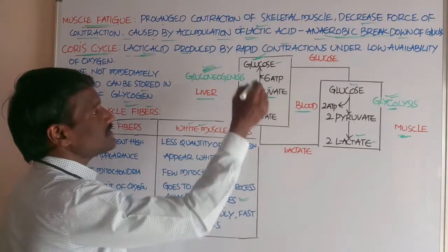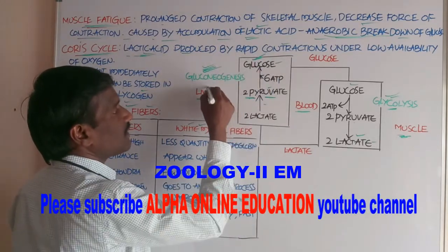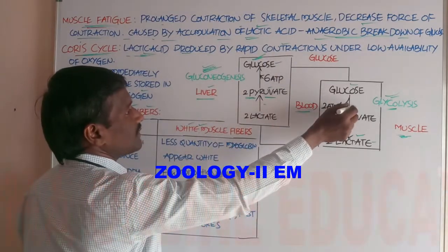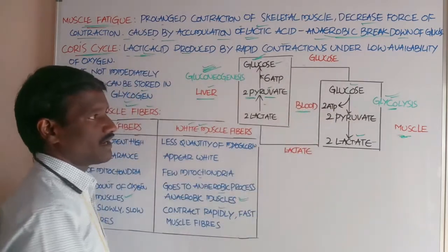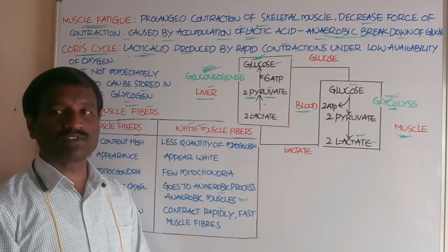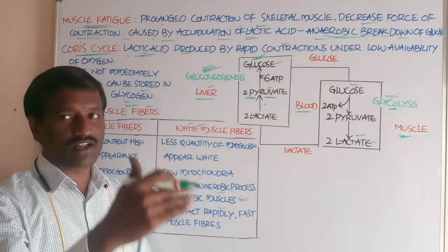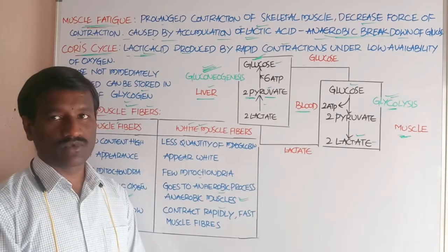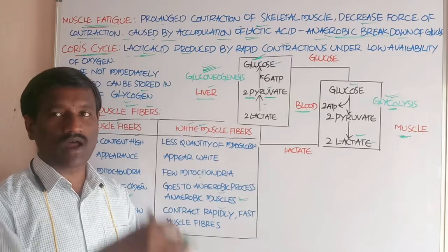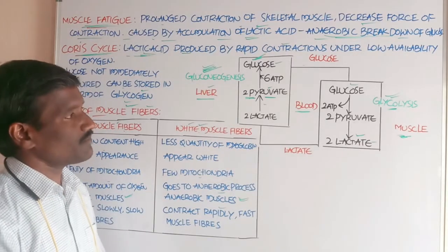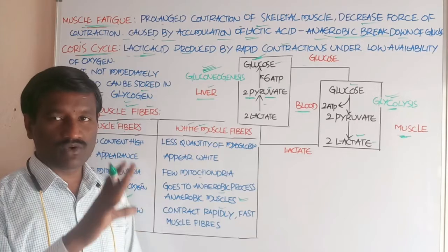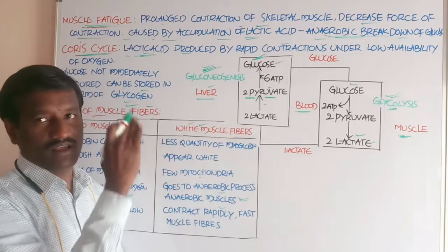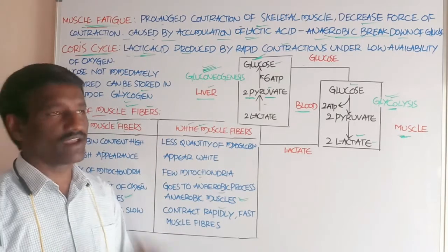The glucose formed in the liver reaches the muscle again by blood circulation, and it helps in energy production in the muscle during aerobic or anaerobic breakdown. This two-way traffic of glucose and lactate between the muscle and the liver is called the Cori cycle.